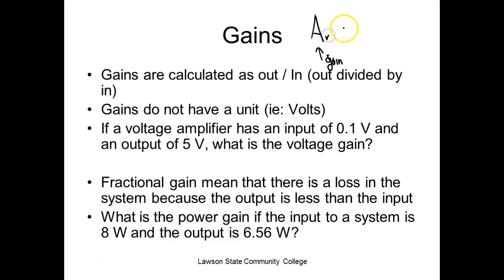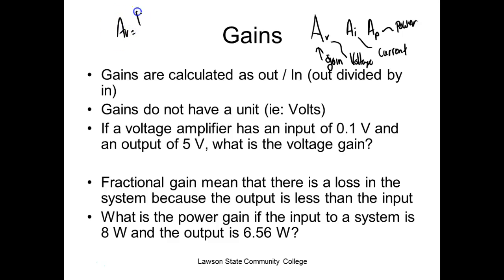We're going to call it A sub V, A sub I, or A sub P. So this is a voltage gain. This right here would be a current gain. And this right here, of course, what is important is the power gain. So all our amplifiers, we want them to get a power gain, right? You understand?